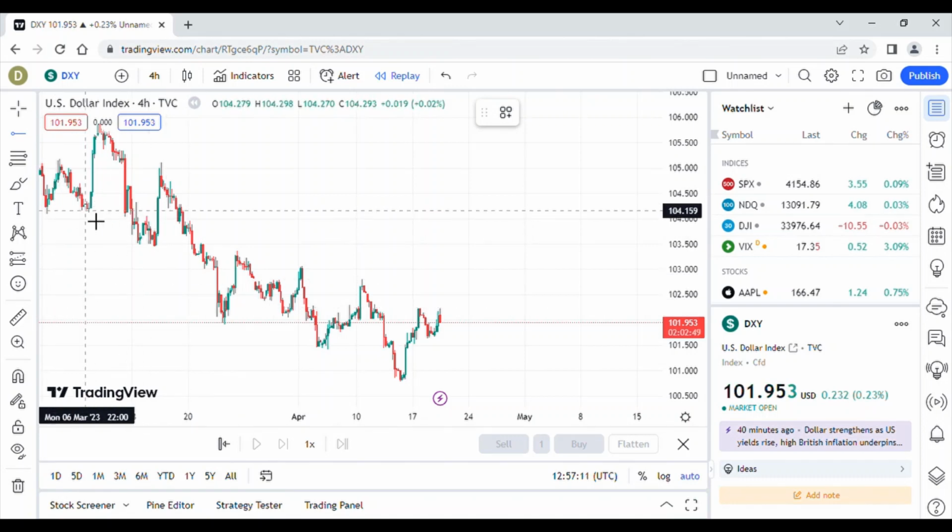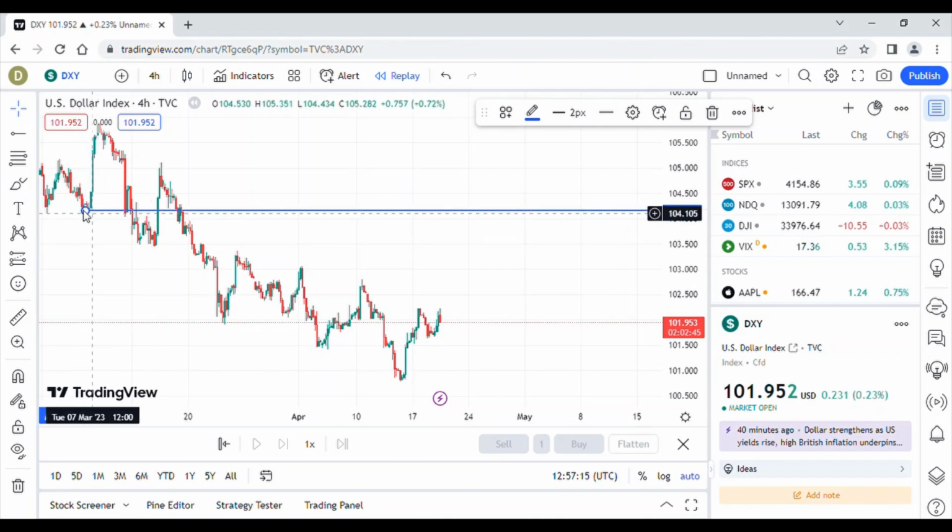As you can see in this level here, there's a structure, which is a pivot point that has been broken by this candle. Because this red candle closed below this level here, that now makes this order block here.